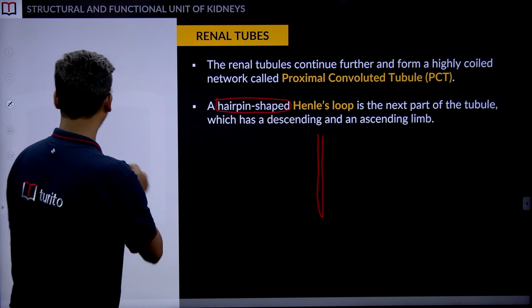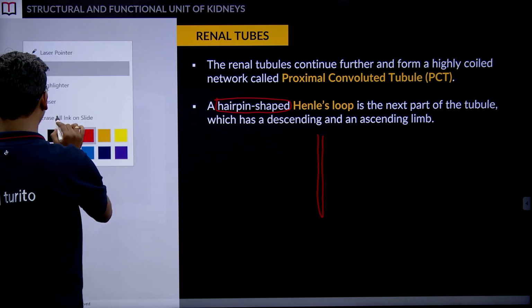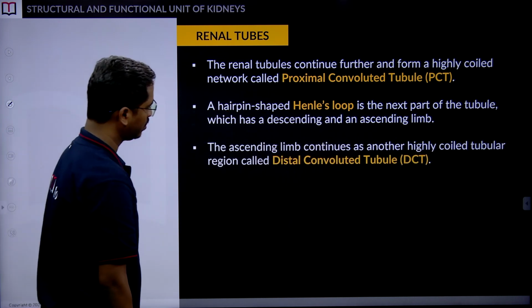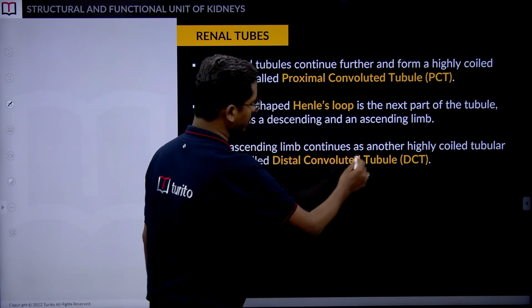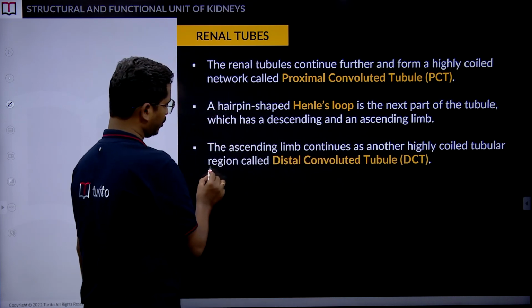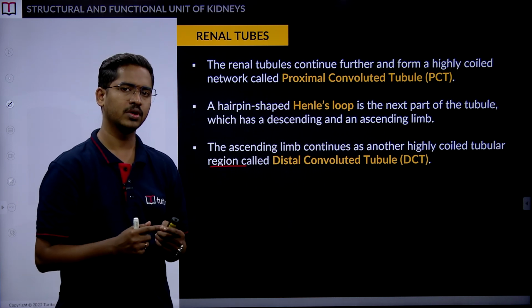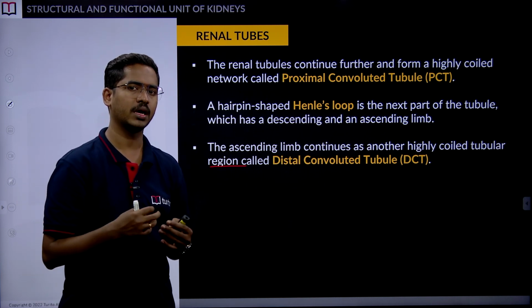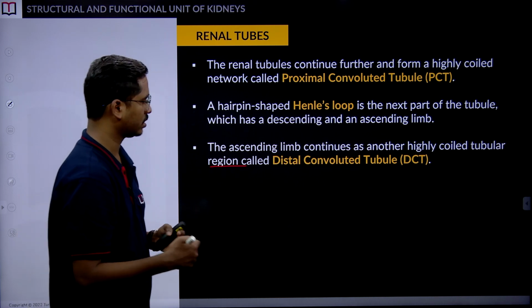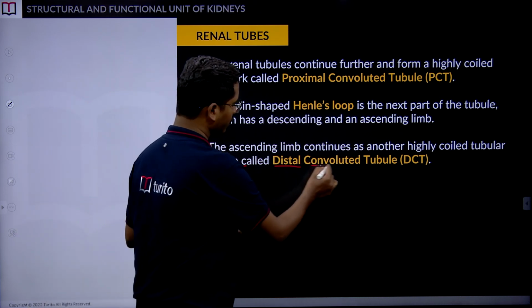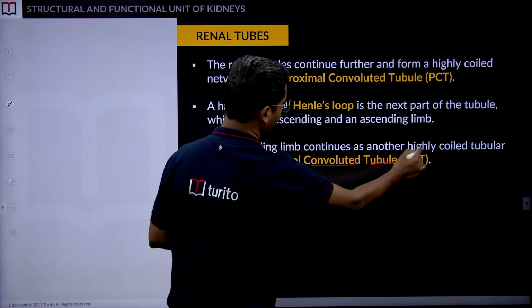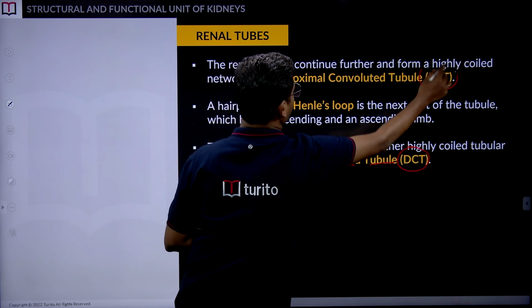Okay. So, after that we will see the ascending limb, it continues with another highly coiled tubular region. That means, from the ascending limb you will get to see another highly coiled tubular structure, that is the distal convoluted tubule, referred to as DCT.